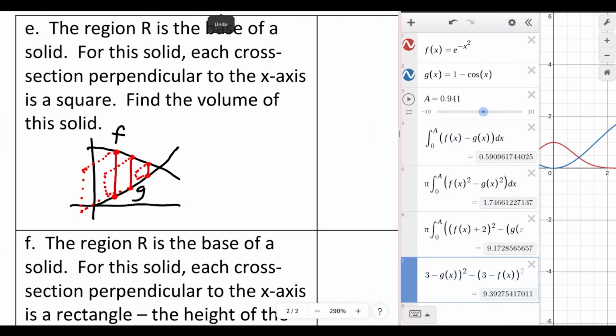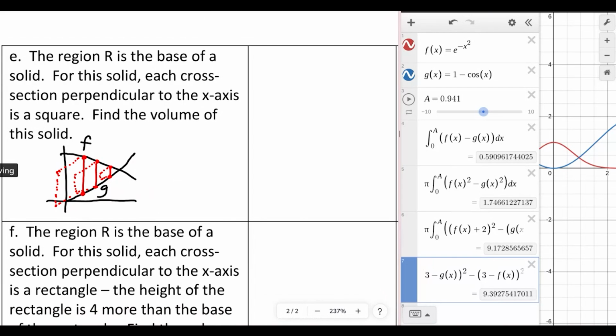So there's a few squares in there. The dotted region means it's into the page. It's kind of hard to show, but hopefully you can visualize it. So each line segment in between f and g is a side length of the square.